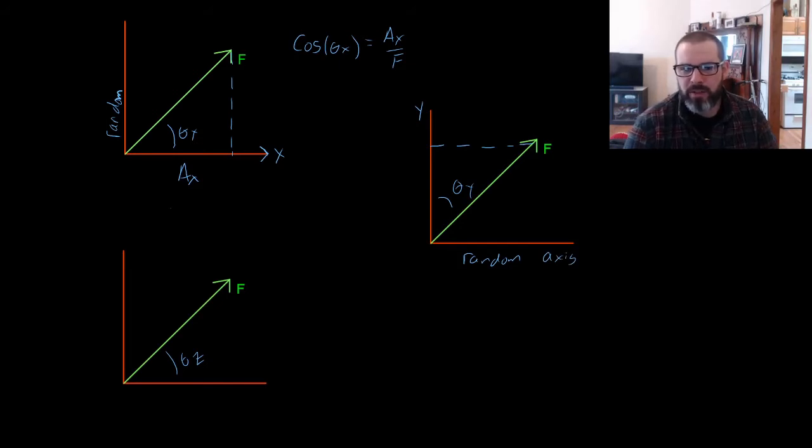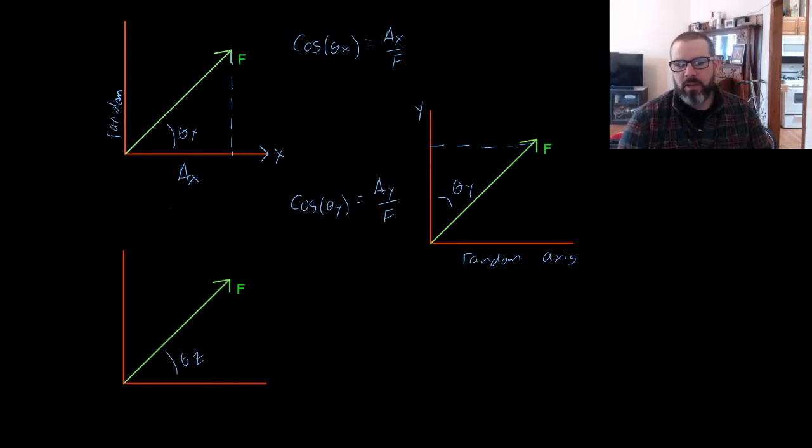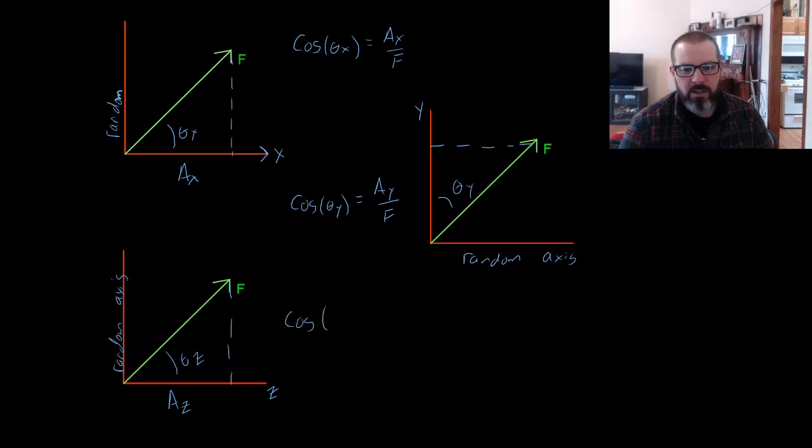And the cosine of theta y is equal to ay over f. Finally, if we come down here to theta z, we find that this is the z-axis, this is a random axis, the projection down here gives us a sub z, and the cosine of theta z is equal to az over f.